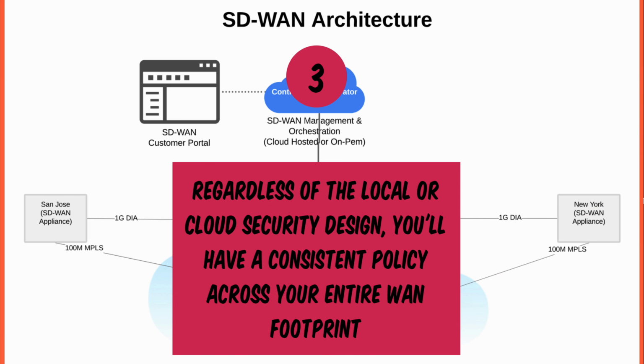The bottom line is, regardless of the local or cloud security design you pick, you'll have a consistent policy across your entire WAN footprint. And this is a big one, guys, because I guarantee you, if you're not on SD-WAN, go and look at all of your routers today. Okay? You'll see that your devices have inconsistent configuration everywhere, different ACLs, different policies configured everywhere.